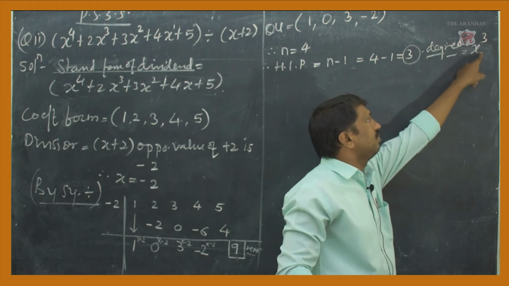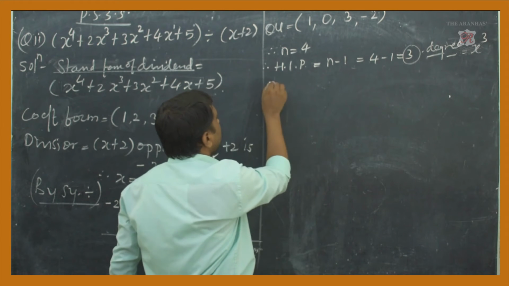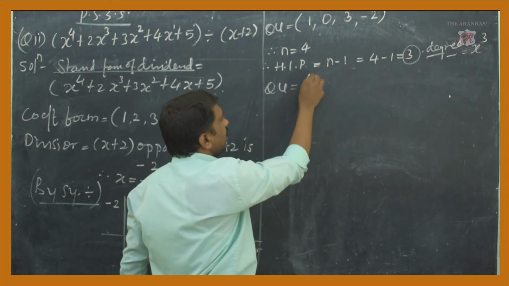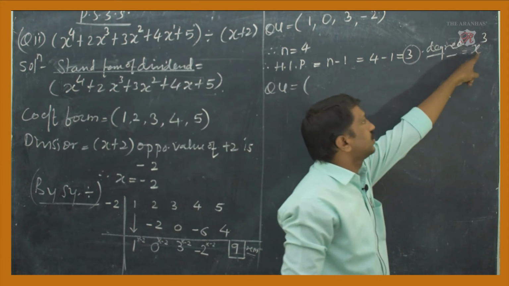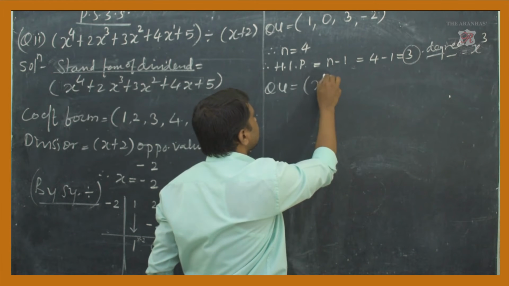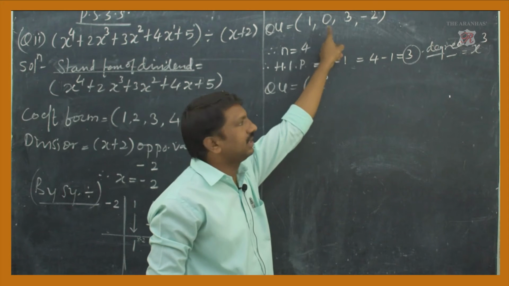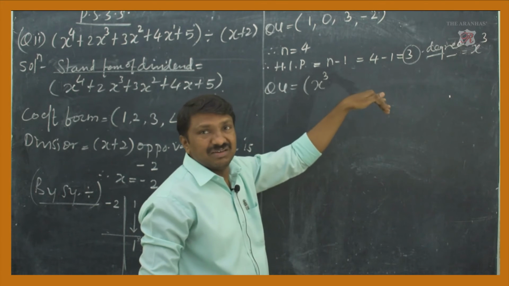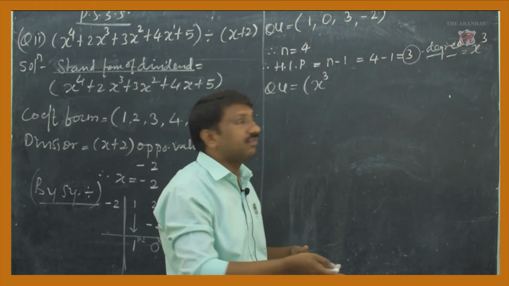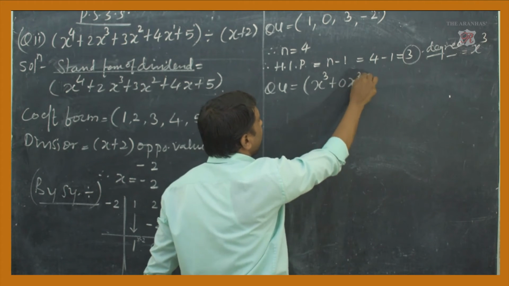With the x cube you have to multiply the coefficient. Therefore the quotient is equal to x cube into 1, x cube 1s are x cube, so here it is x cube. Then the second term is 0, so the next descending form is plus 0x square.